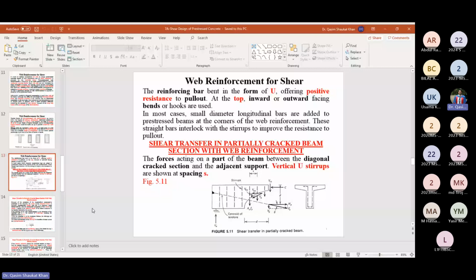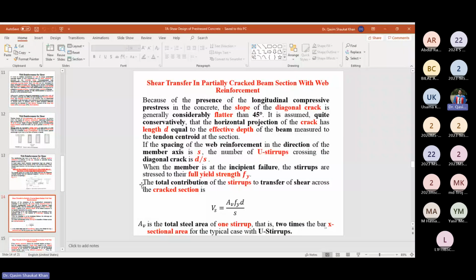Because of the presence of the longitudinal compressive pre-stress in the concrete, the slope of the diagonal crack is generally flatter than 45 degrees. At the start of the lecture we said that in a pre-stressed beam there will be pre-stressed compressive load, and it is producing a hog in the pre-stressed beam.